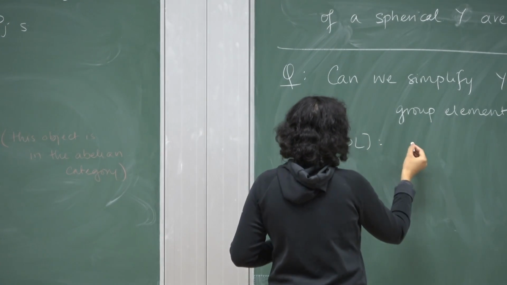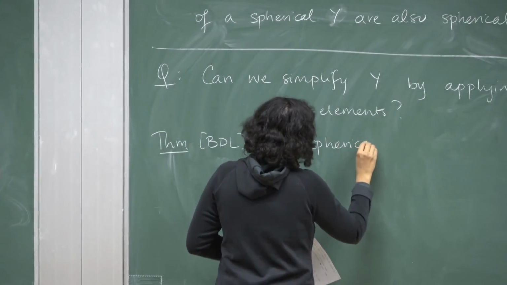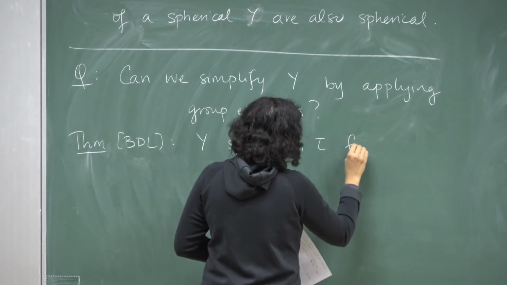Okay, so Y is now a spherical object, and tau is a fixed stability condition.